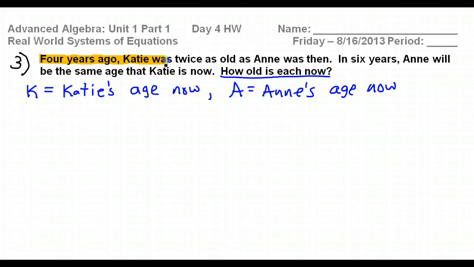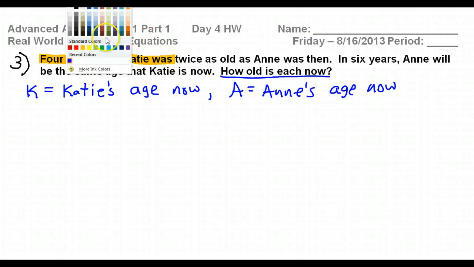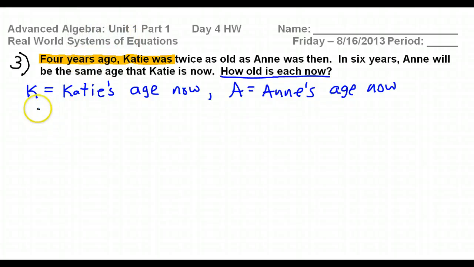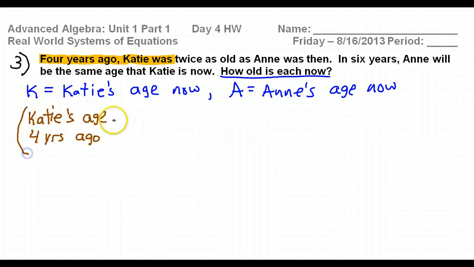4 years ago, Katie was. Okay, let's start with that much of it. So look, 4 years ago, and we're talking about Katie's age. So basically in words, and I usually like to start off with a word equation. What they're saying is Katie's age 4 years ago equals, that's what this part of the sentence means.